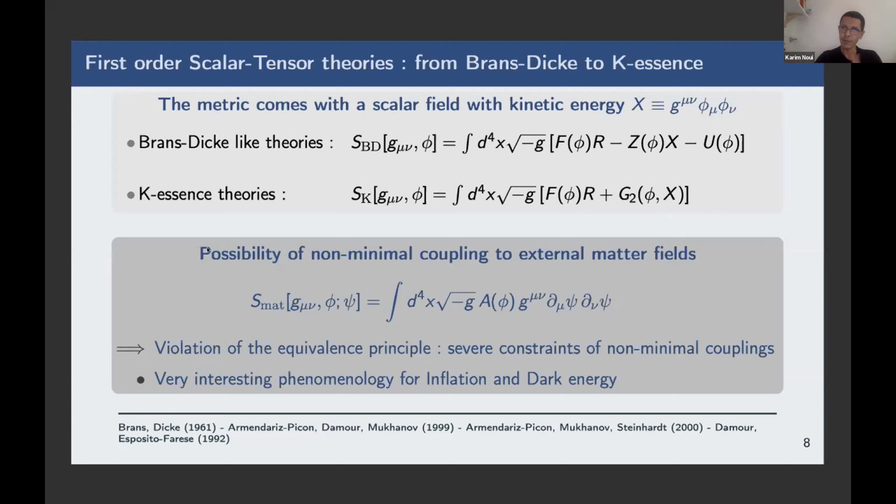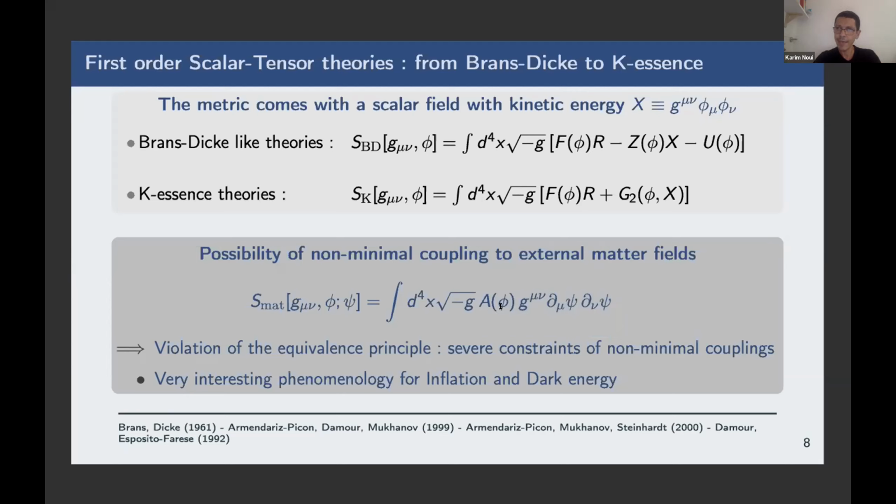One thing which is really interesting is that when you consider scalar tensor theories, you have the possibility to have a non-minimal coupling to external matter field. For instance, if you consider a matter field psi, then the matter field psi can have a dynamics like this one if you consider a massless scalar field, for instance.